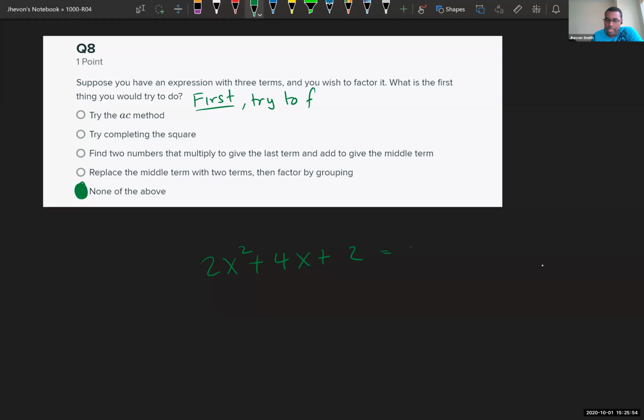Because you'd realize that I won't even need the AC method at the end. This is just the perfect square. So try to factor out the GCF is the first thing. Always the first thing. It's always the first step in a factoring problem. So just so you're aware of that.